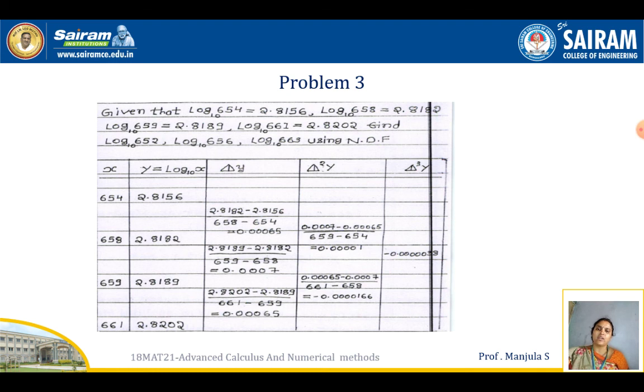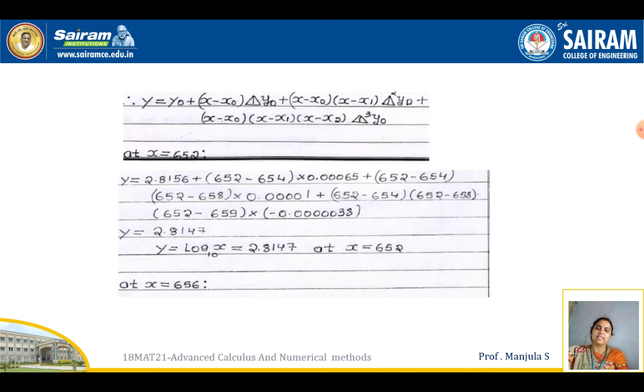Now you find del y, del square y, del cube y using the formula. So the values become 0.00065, 0.0007, 0.00065, and del square values will be 0.401, 0.40166. Similarly, the last value is -0.0000038.